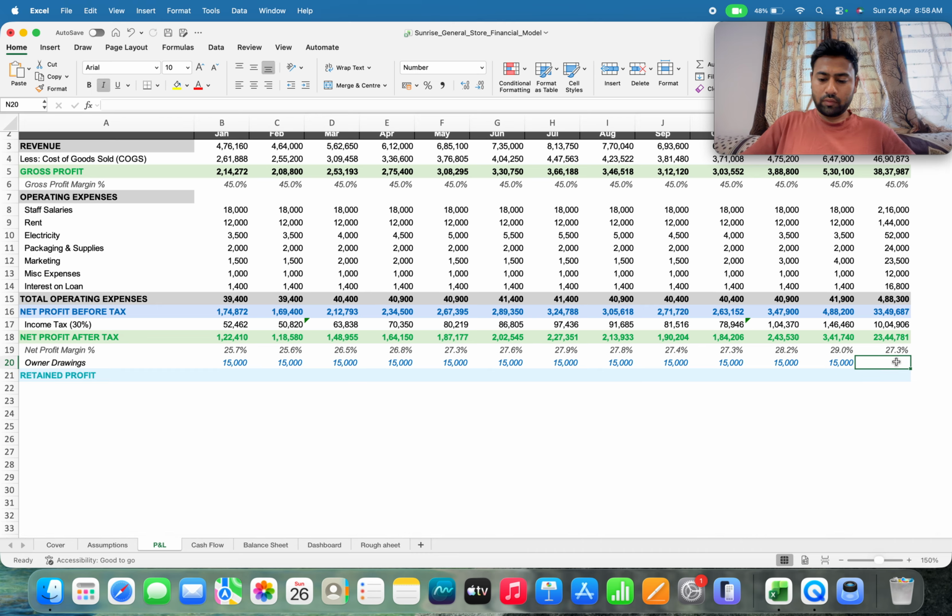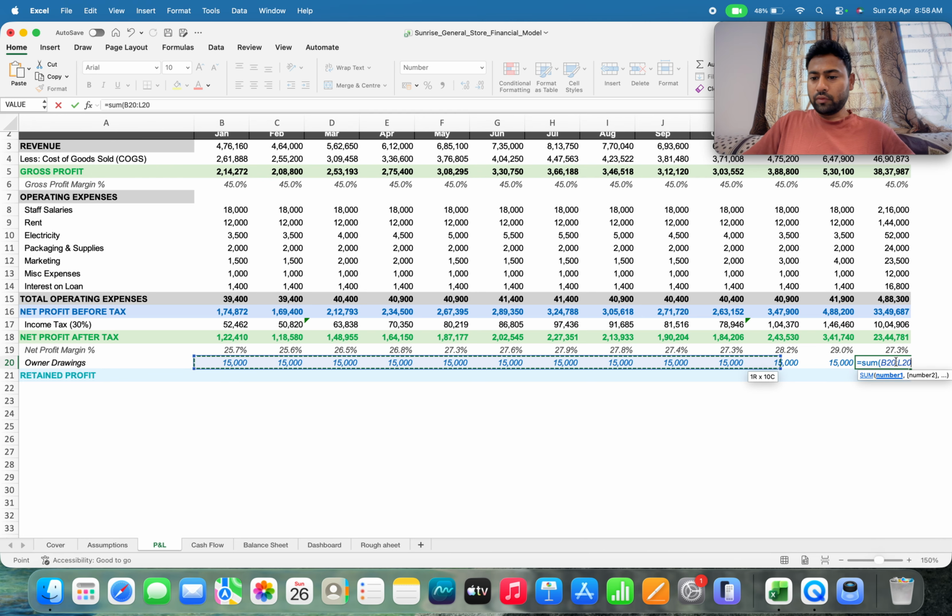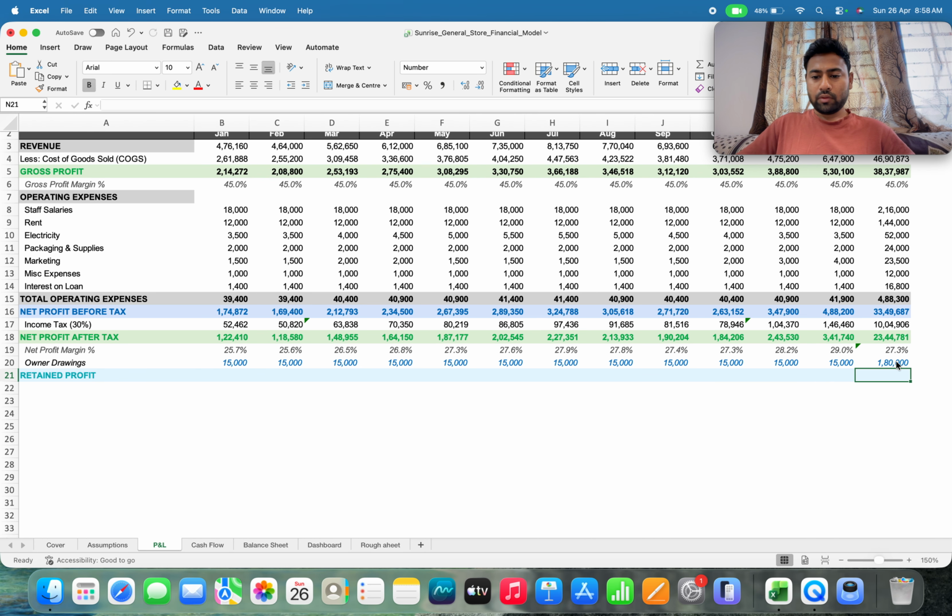We will do a summation here, from here to here, so we will get the total drawings of a year. Now retained profit: after drawings we have a profit remaining, which is to be reinvested in the business for the growth and expansion of the business.